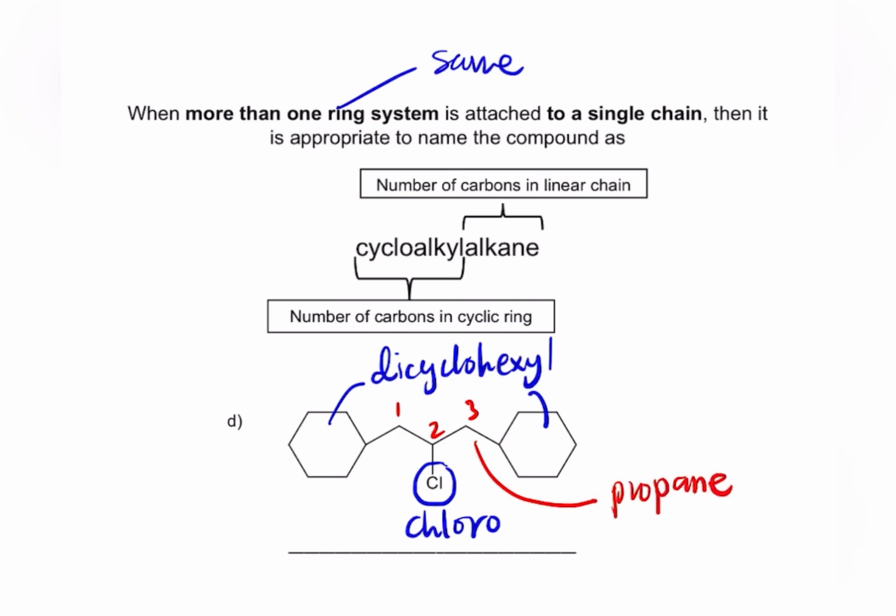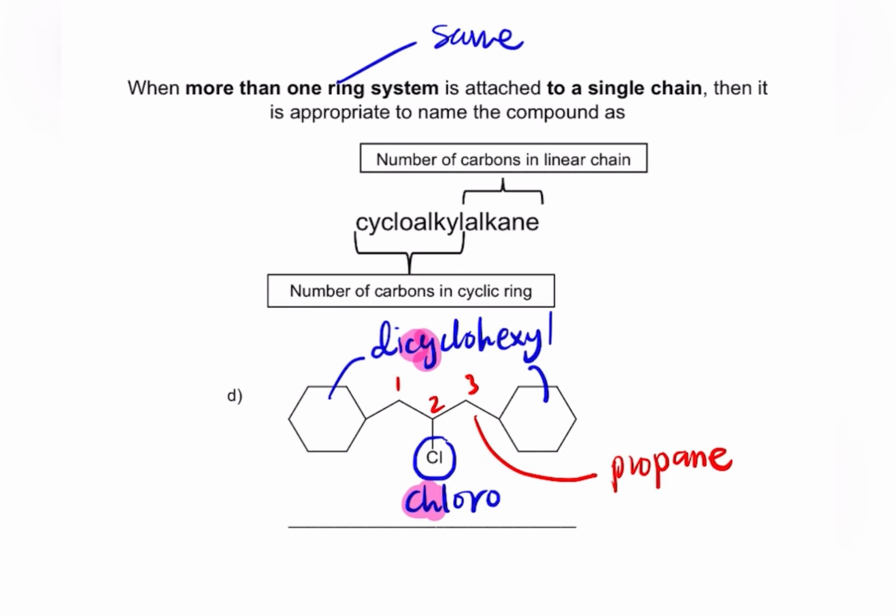So how do I give the name for this one? I'm going to start with the full name in alphabetical order. For dicyclohexyl, I'm going to look at alphabet C and then followed by Y. But for chloro, I'm going to use alphabet C followed by H. So between Y and H here, H will come first.